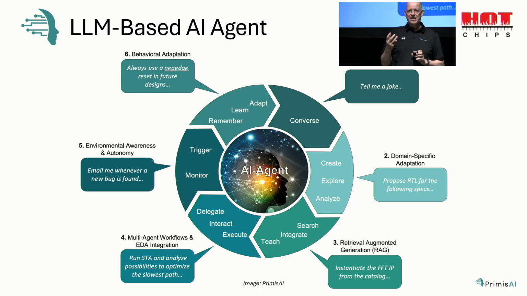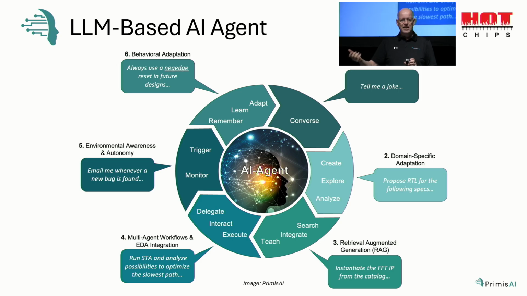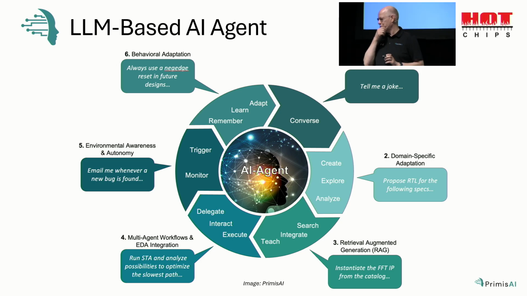What's interesting here is that the LLM, besides taking design-specific tasks, can also start taking design management tasks. As a project manager, of course, you want to know at any moment in time how the number of bugs tracks towards tape out, and how your PPA tracks towards tape out. So you can think of the AI agent starting to take on project management type roles.